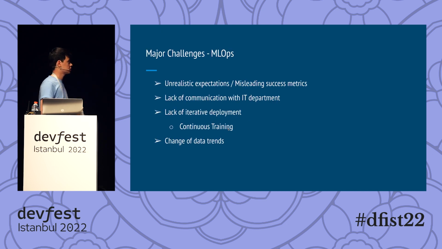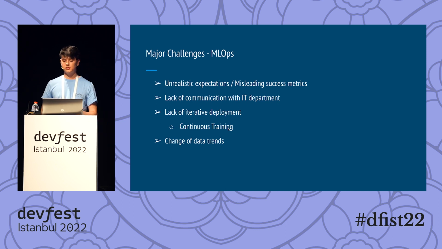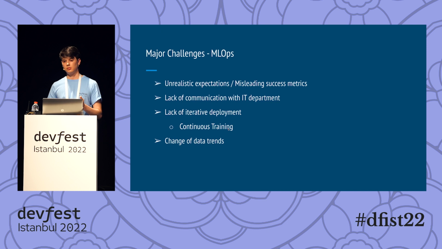So, major challenges of machine learning DevOps. First one is unrealistic expectations and misleading success metrics. Unrealistic expectations: many business leaders think that AI is the key to all problems. They think AI can solve all their problems because they follow trend buzzwords without knowing the technical background of the problem.